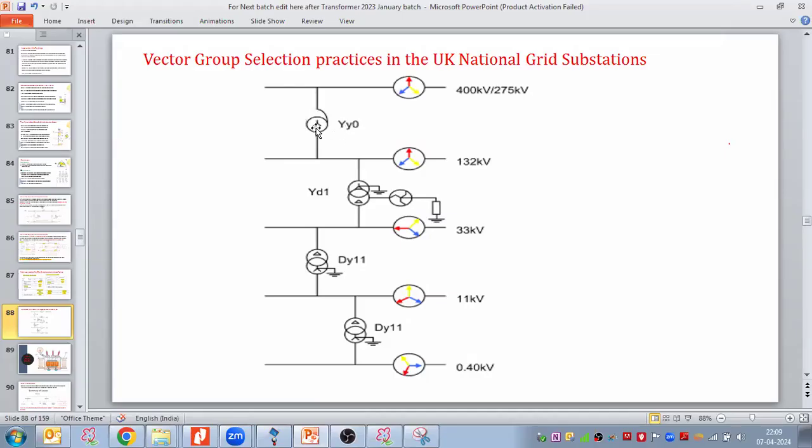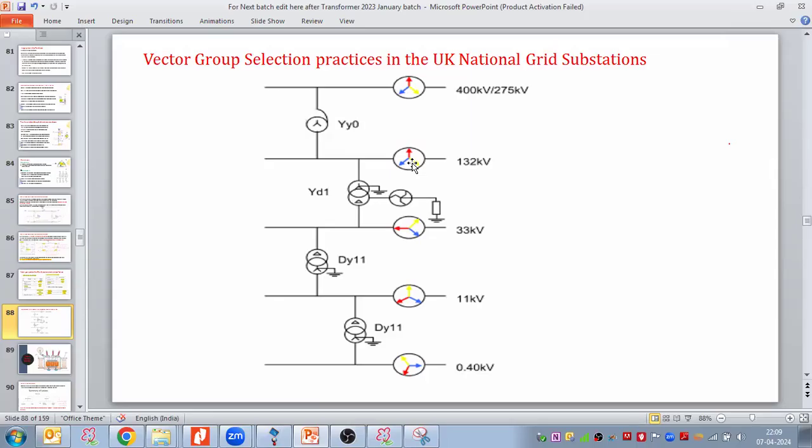Both sides they are taking star, so no phase shift occurs. This RYB and this RYB, the phase displacement is 0 here.